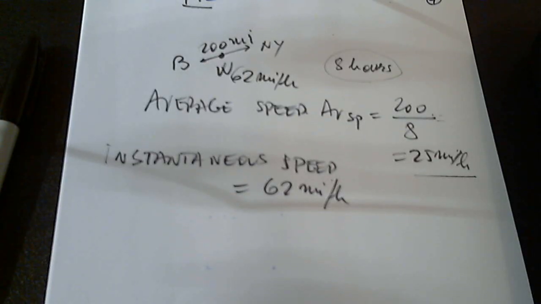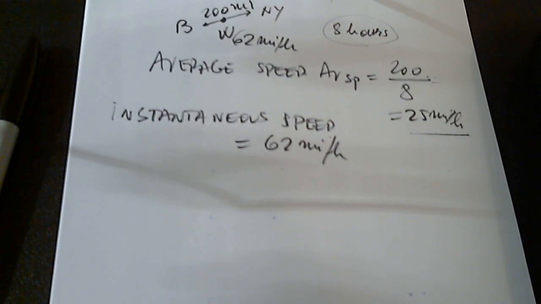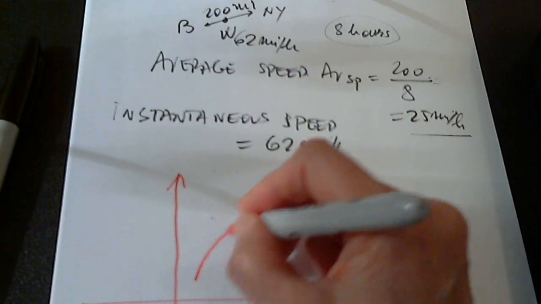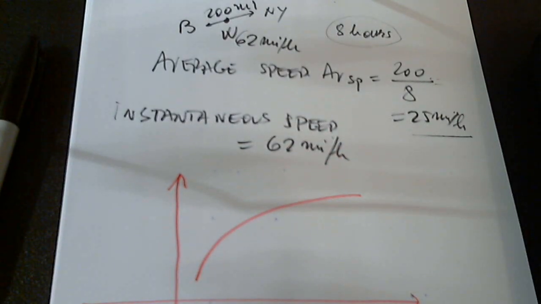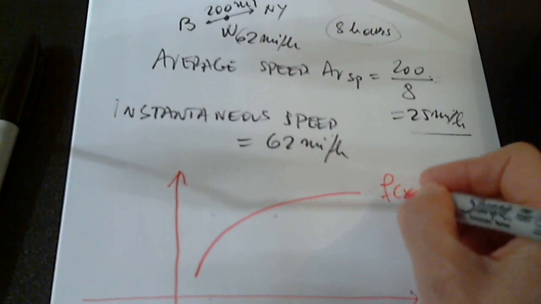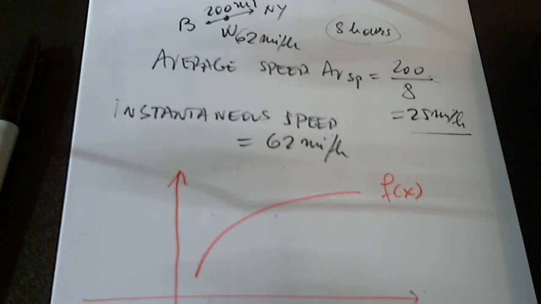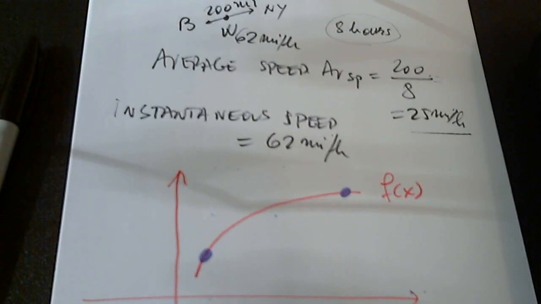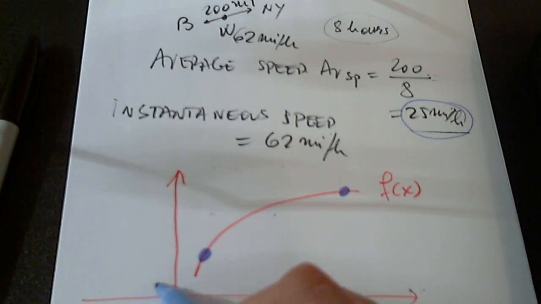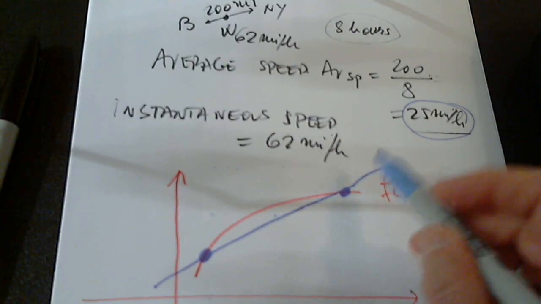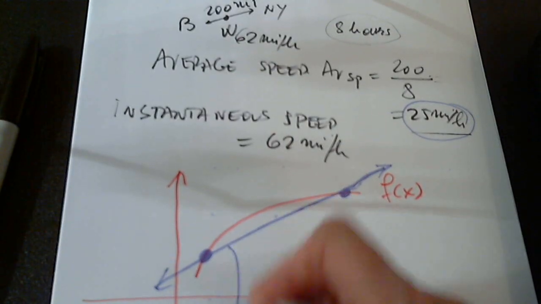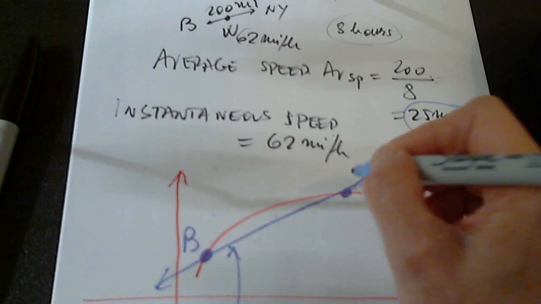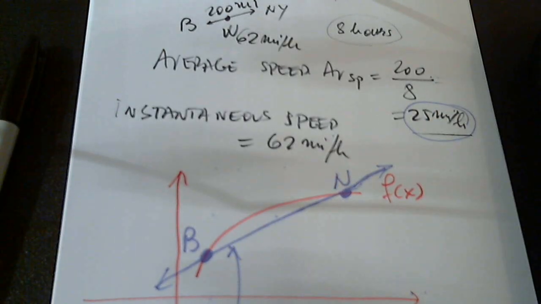Okay. So here is the idea. Let's suppose this is the graph of the distance function. I'm going to say f of x. And from Baltimore to New York, this number is given by the slope of this line. Slope equals m, I'm going to say bn, Baltimore, New York.